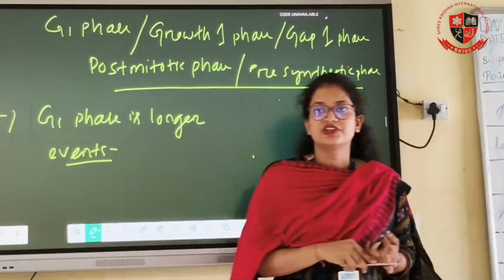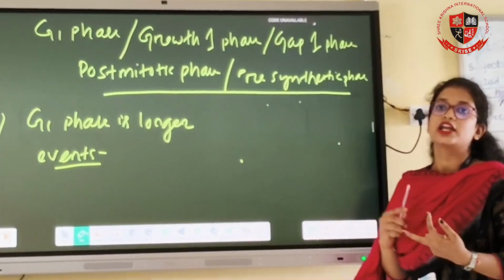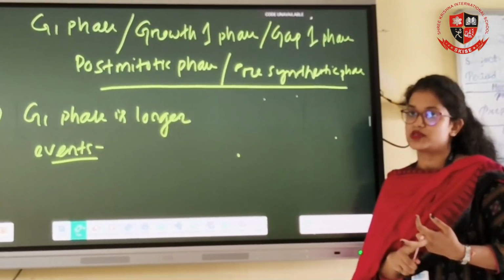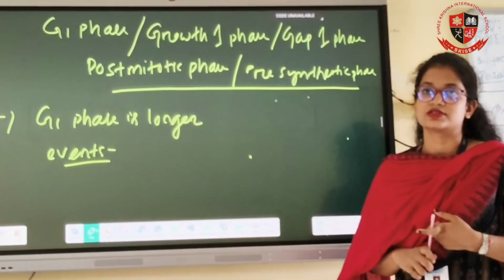The events are amino acid formation, RNA formation, protein formation, and duplication of cell organelles, except semi-autonomous organelles. What are the semi-autonomous organelles? Mitochondria and chloroplast.